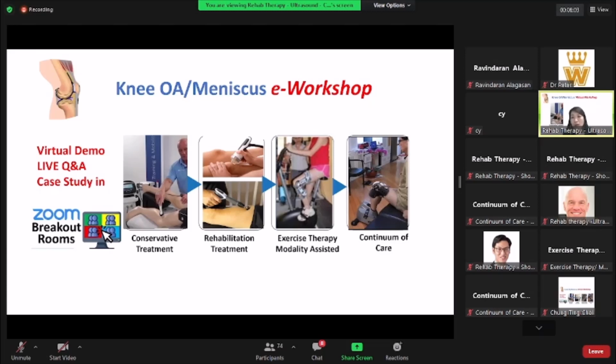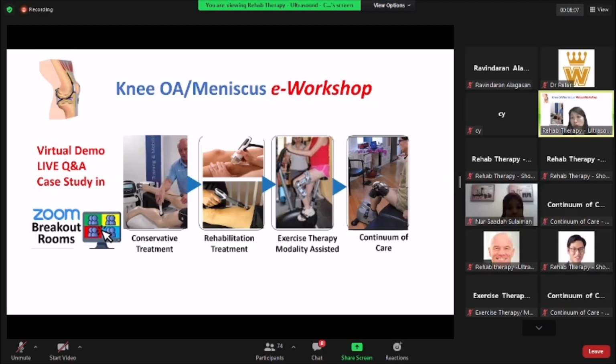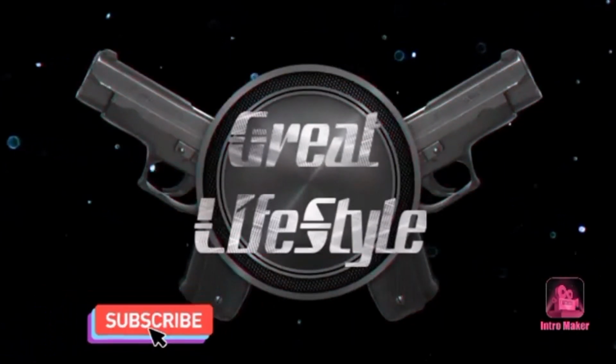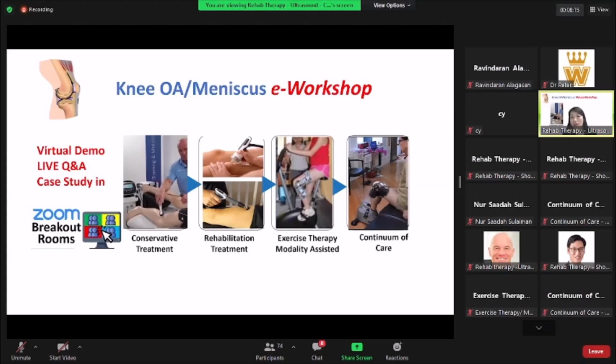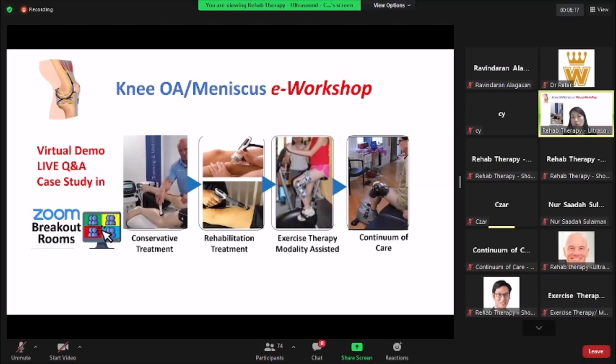So don't worry if due to Wi-Fi or technical issue, you get dropped off in one of the stations. Our admin in the lobby will put you back into the station where you left. So all of you will be able to go through all 4 stations, 4 times 20 minutes, total 80 minutes.